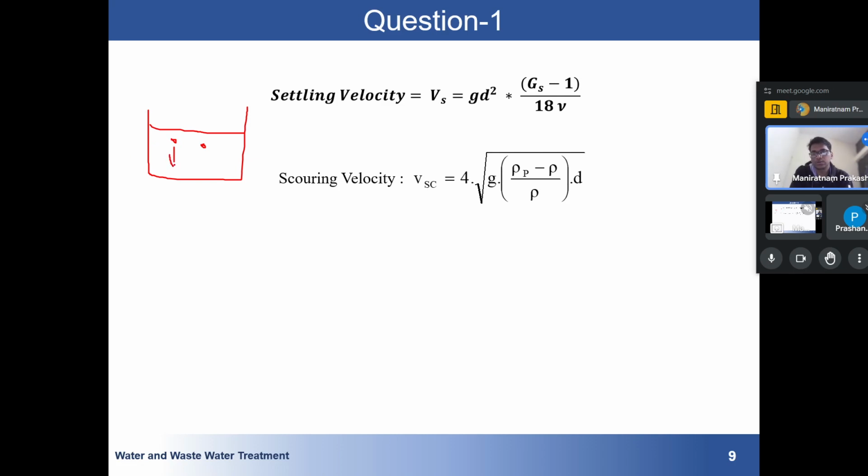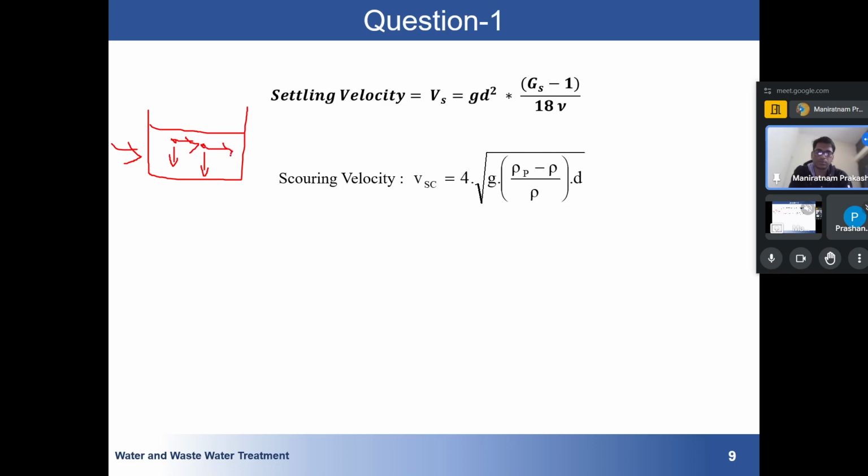Both particles will settle down with this velocity, that is Vs. Just remember that water treatment is like a series of unit treatment plants, so water is also flowing in this direction. So the particle has two velocities: it moves downward and also in this direction. Sorry for the drawing.